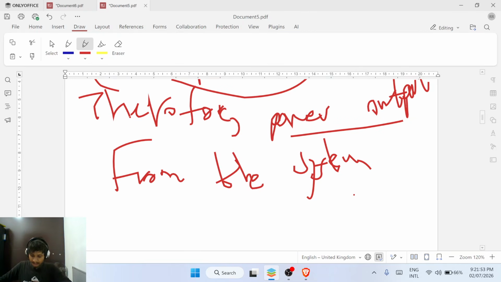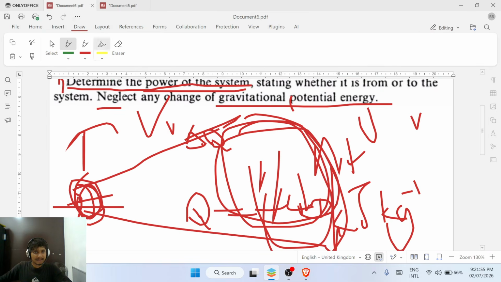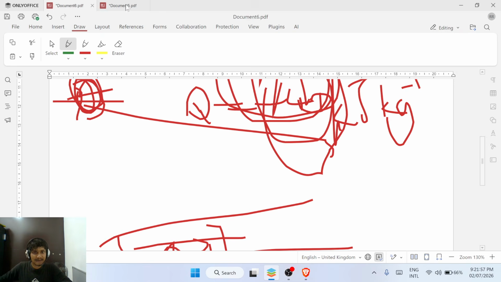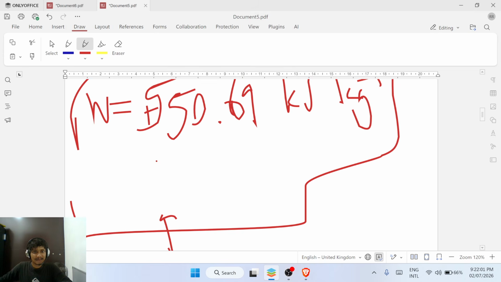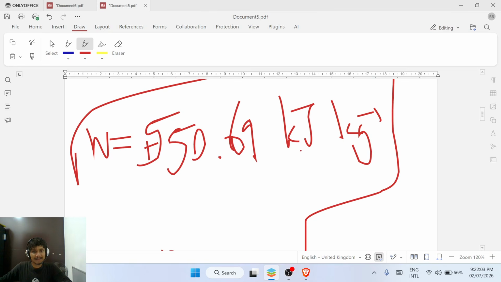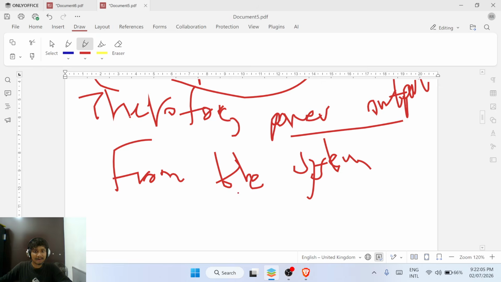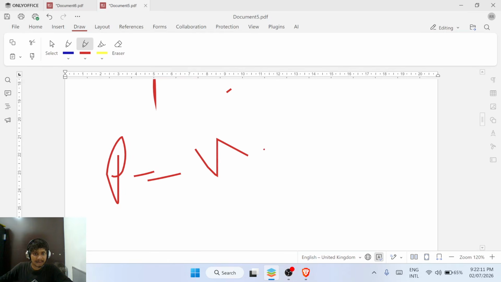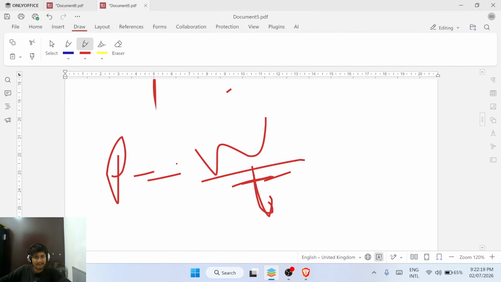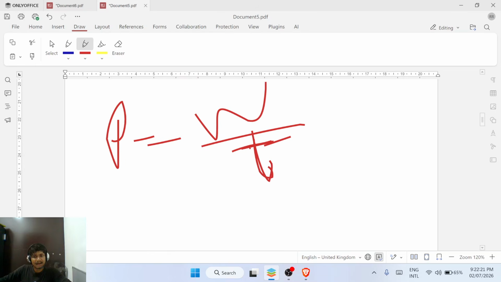Now, in the question they said we have to find the power. W is 550.69 kilojoule per kilogram. Therefore, now we can find the power. As already discussed, power is equal to work done by time, small t. Power is equal to W by t.